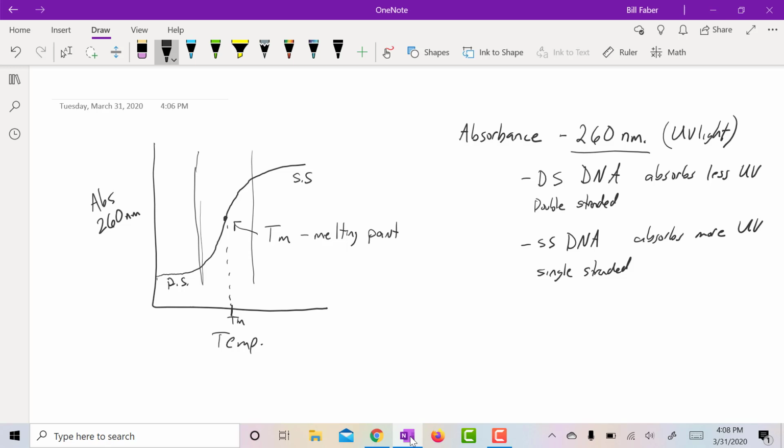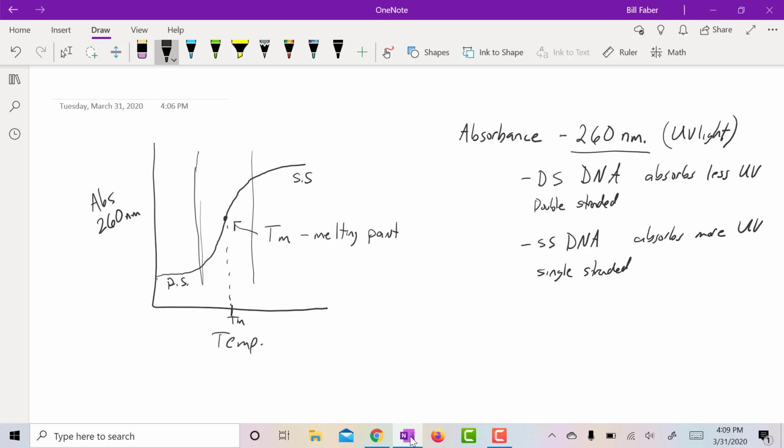So if you think raising the temperature gives you more single-stranded, lowering the temperature gives you more double-stranded. And the nice thing about this is if you melt your DNA to single-stranded, and you go down slowly enough, it'll go back perfectly, unlike proteins sometimes.